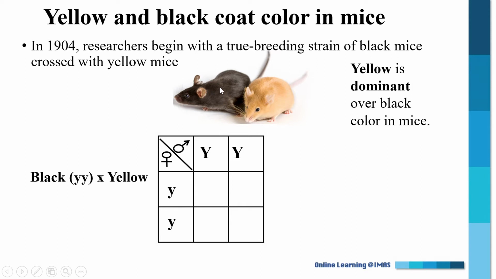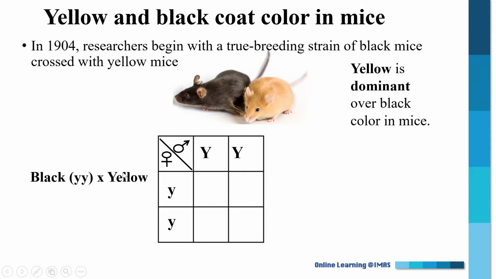The black mice here are true breeding. When they do this kind of crossing, what do they get? Here I prepared the Punnett square. When you cross a black with a yellow, let's imagine that the yellow one is true breeding. So what are you going to have?